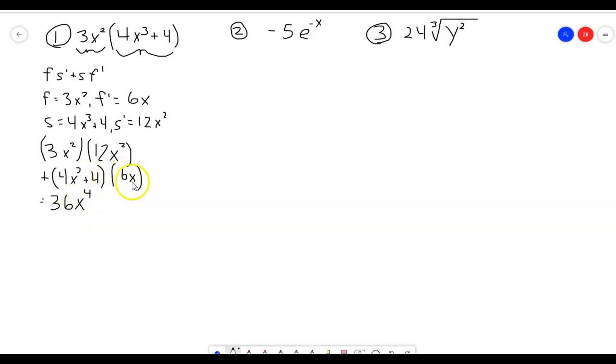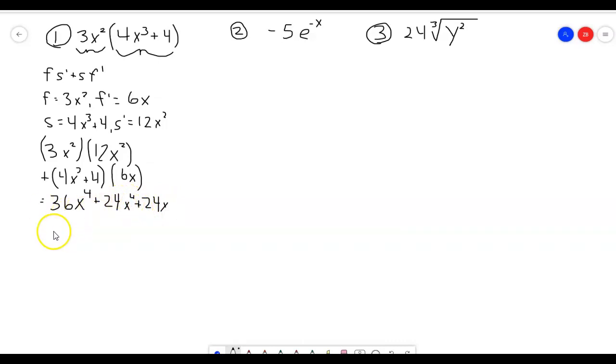And then over here, I'm going to have 6 times 4 is 24, so that would be plus 24 x cubed times x, which is x to the fourth. And then we distribute that, so that would be plus 24x.